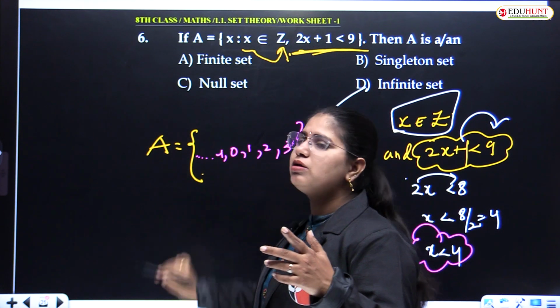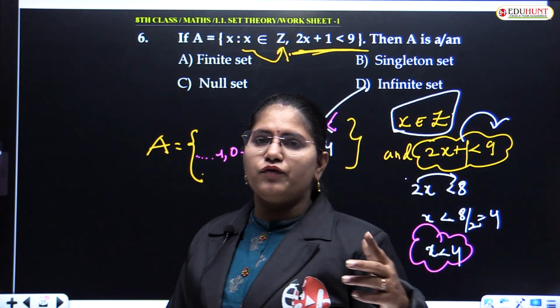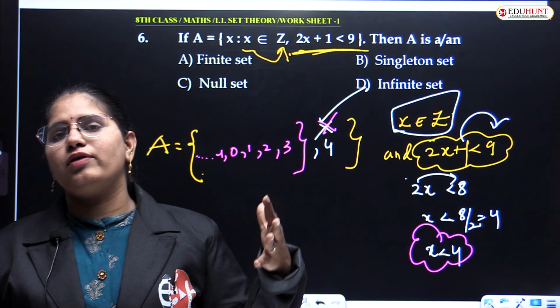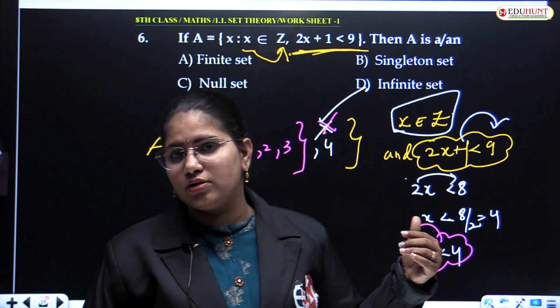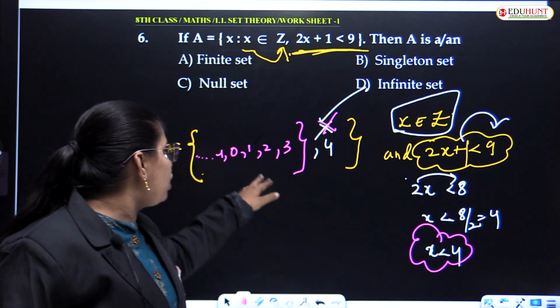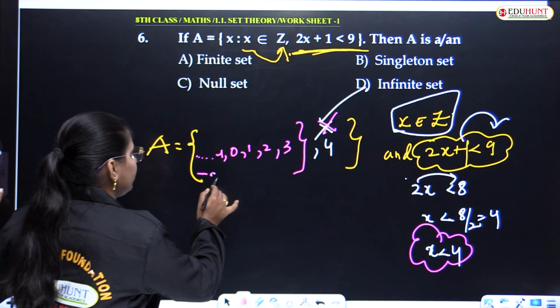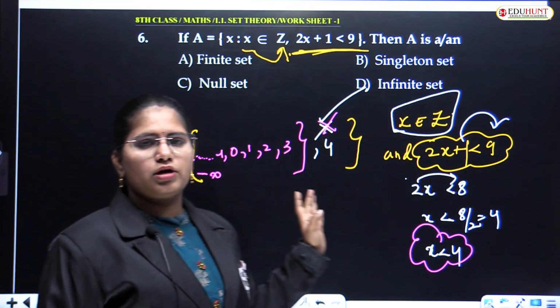And what is the minimum number? We have the condition x less than 4, that's it. We have a maximum number, but we don't have a minimum number. So it keeps on continuing till minus infinity. Correct?